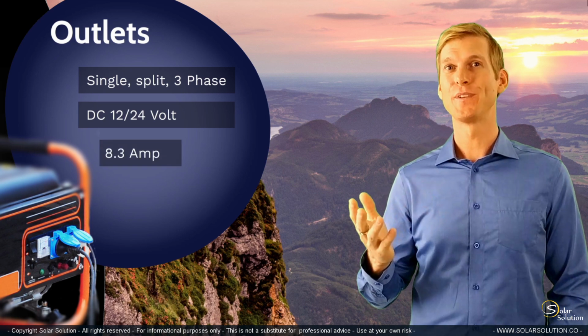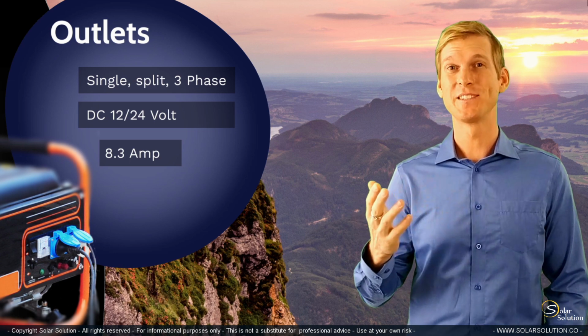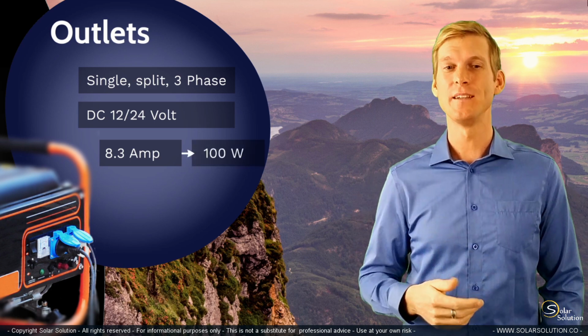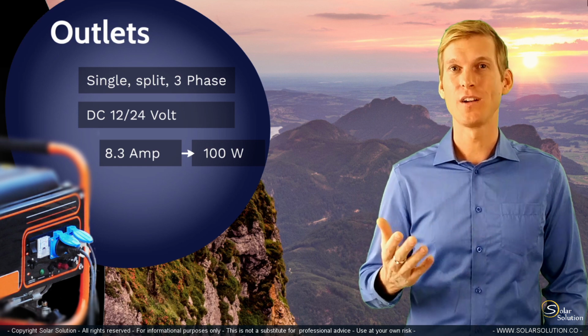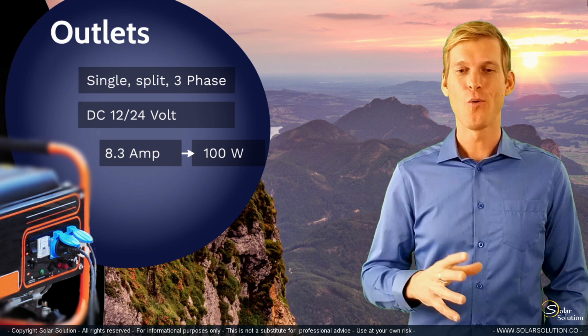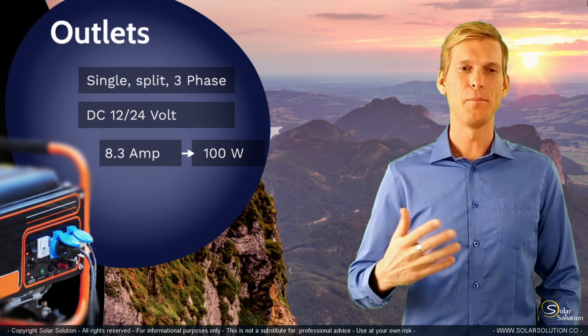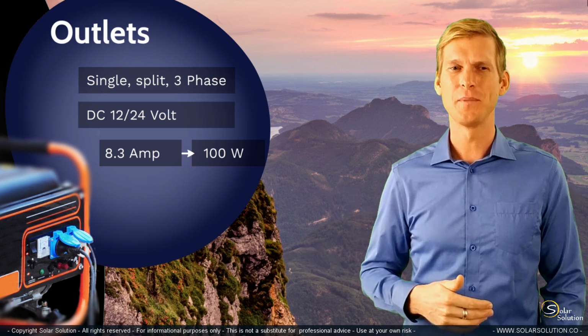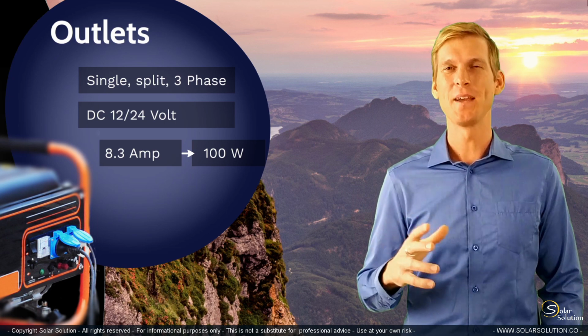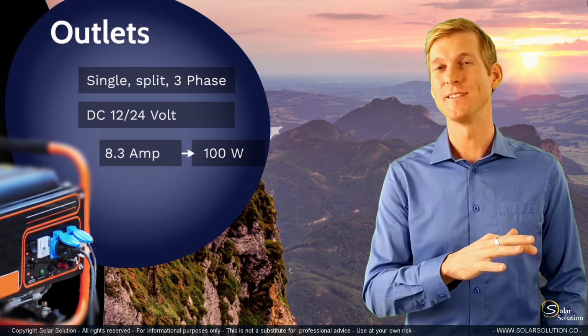At a 12 volt operating voltage, that's just 100 watts of charging capacity, which is enough to charge very small appliances or a conventional starter battery. But if you have a big house battery bank, a deep cycle battery bank, you won't be able to charge it properly with this kind of setup.